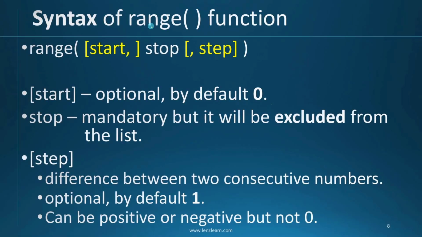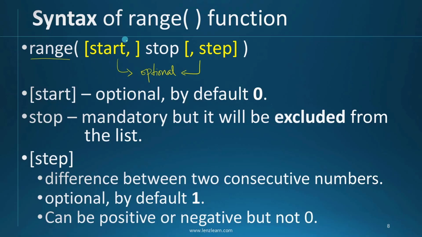Now this is a syntax of a range function, right? You have to use the keyword range. Now followed by that, inside the bracket, you have to specify 3 values, right? You can specify what is a start value, what is a stop value, and what is the step value, right? Now I have highlighted the start and step value. Why? Because these two are optional, right?